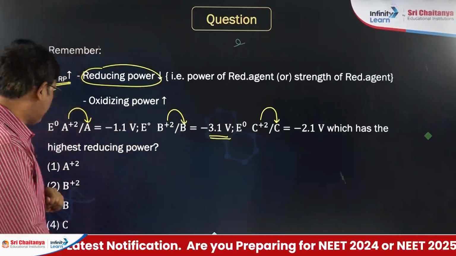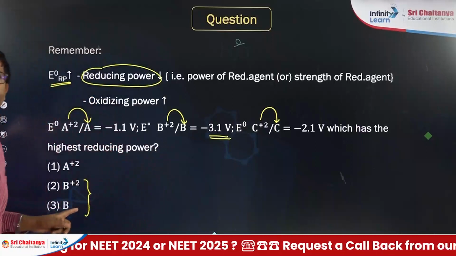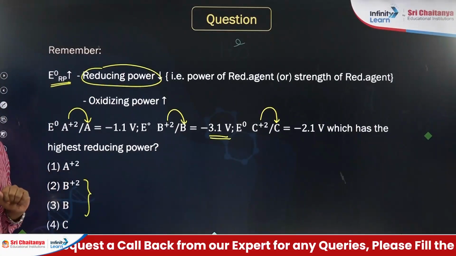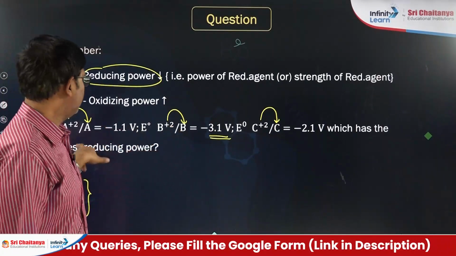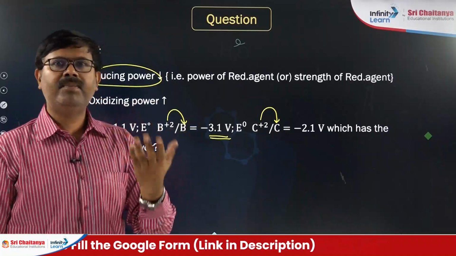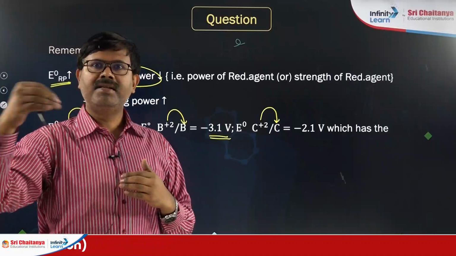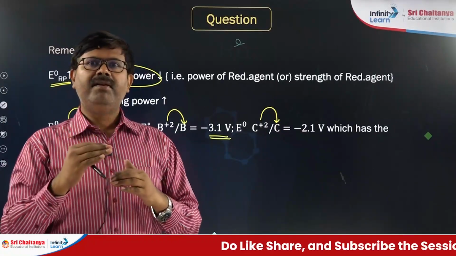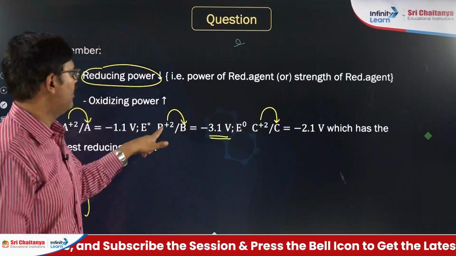But now see, there are two options involving B. One is B plus 2, and the other one is B. Now, which one do we have to select? Be careful here. We are saying highest reducing power. Highest reducing power means it is supposed to reduce the other one, and in the process, it will undergo oxidation.